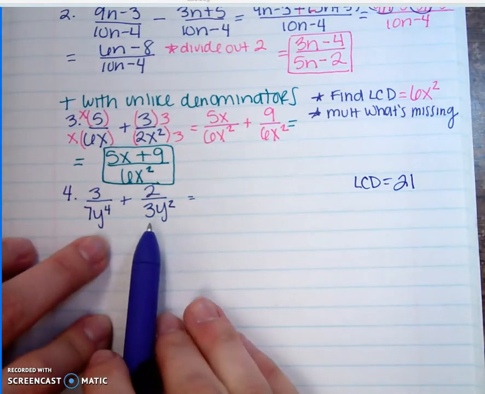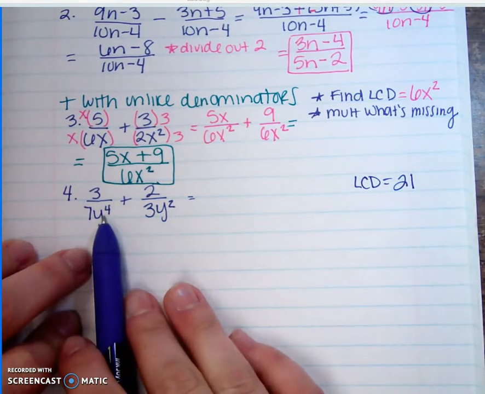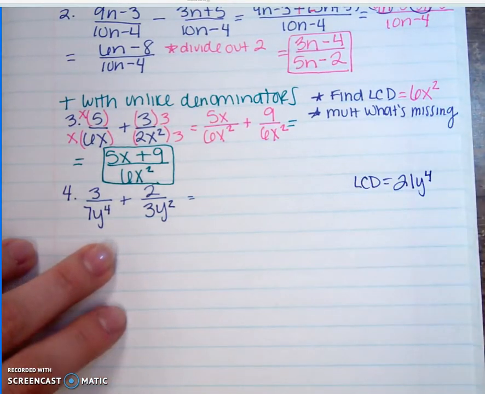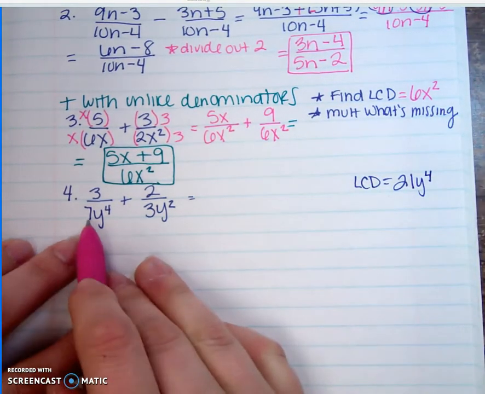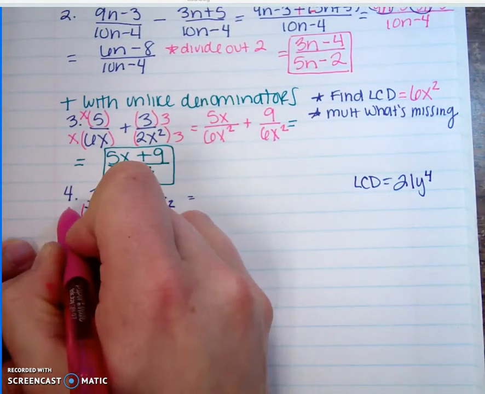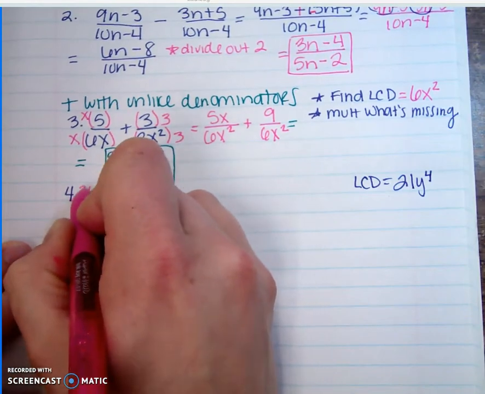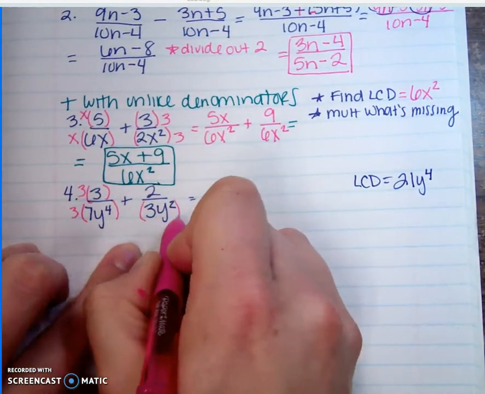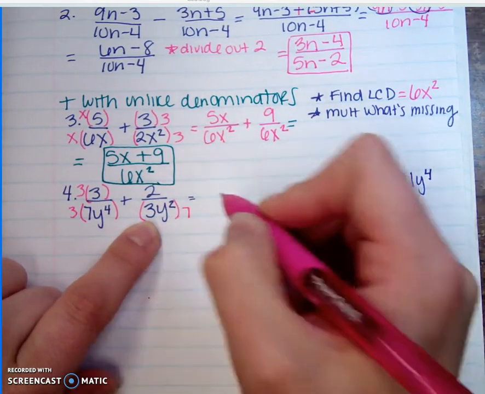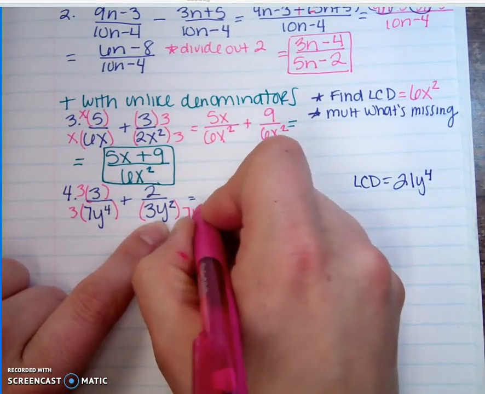And I have to go with the exponent of the largest variable, so that's going to be y to the 4th. So now I've got to see what's missing. I'm missing the coefficient. I need to turn it into a 21, so multiply it by 3. And then what's missing here? That coefficient needs to be multiplied by 7, and it also needs to be multiplied by y squared.